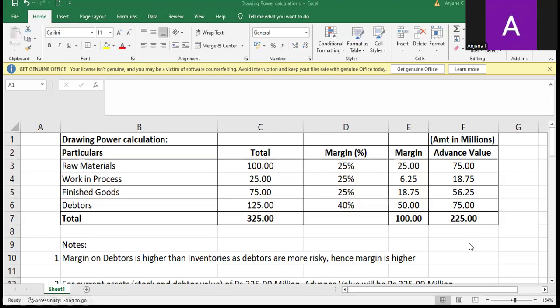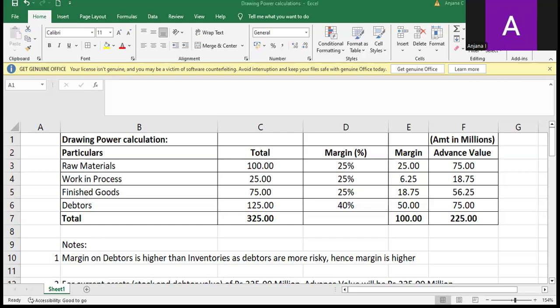So in this case, we have assumed a margin of 25% for raw materials and 40% for debtors. So the advance value, or the value which would be funded by the bank in case of raw materials, net of margin, would be 75. In case of work in progress, it will be 18.75.